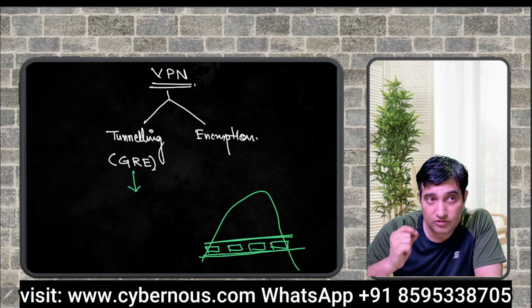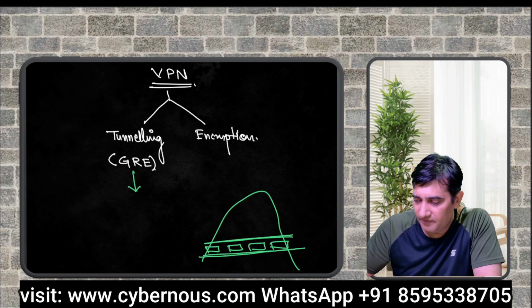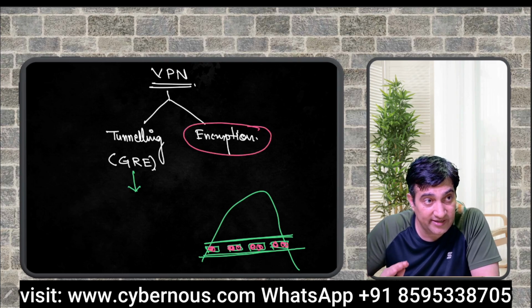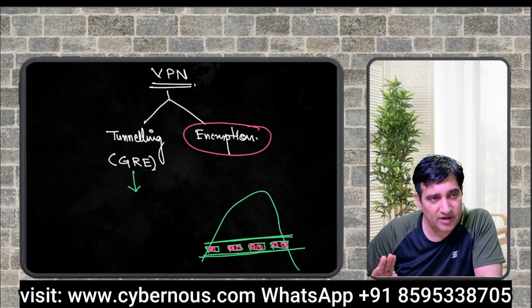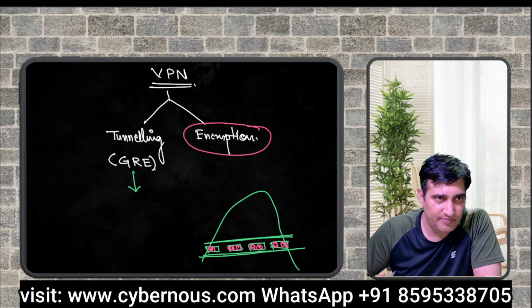So we need to also make sure that the packets which are traveling are also encrypted. A secure VPN is only that VPN where we make sure the data part, at least if not everything, is encrypted for sure. So that's called a VPN.